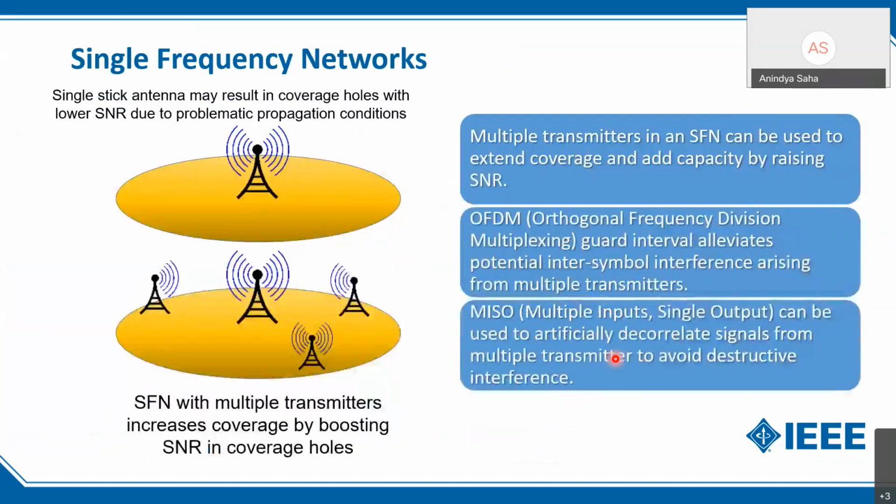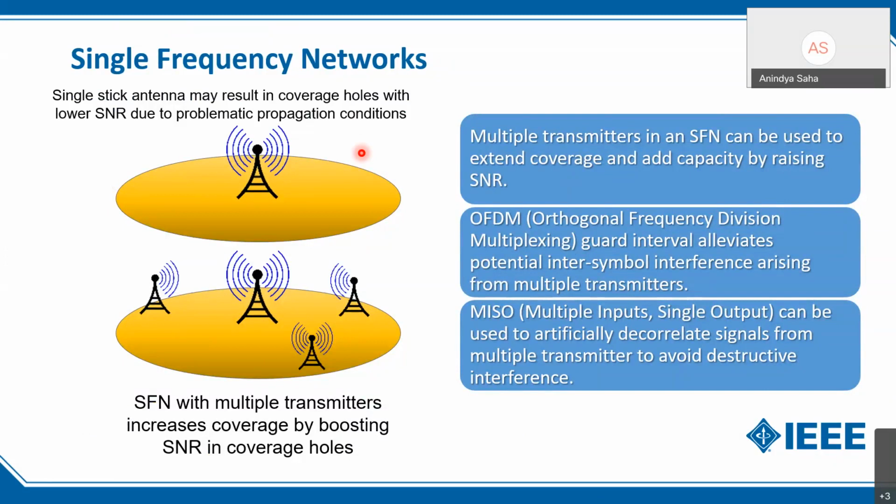So let's go to the next slide. Here we'll talk a little bit about single frequency networks. So what are single frequency networks? If you consider a single stick antenna, and when I say single stick antenna, it basically means what we see in our Doordarshan tower. It's just a really long vertical structure, which is radiating a huge amount of power.